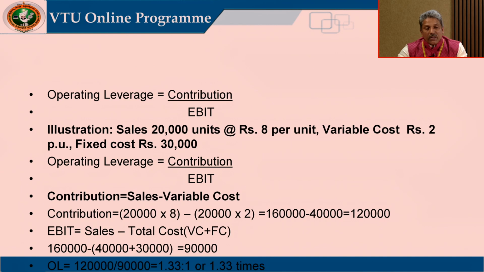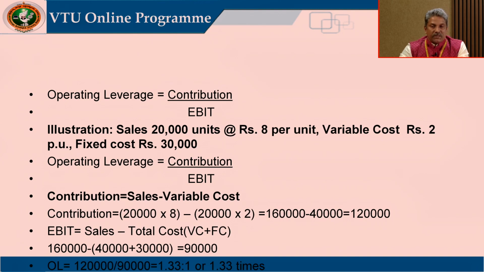If we know the operating leverage, say 1.33 times or whatever, then we can estimate, suppose in the next year or in the next month, if we are able to increase the sales by 10%, what will be the change in EBIT.